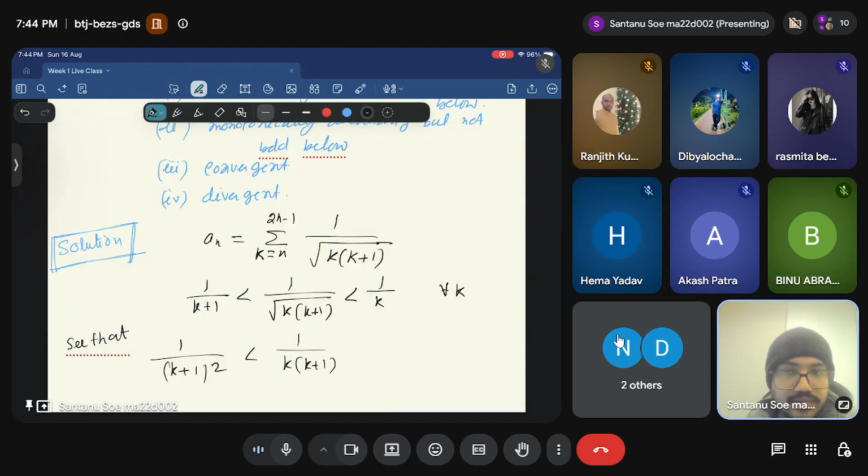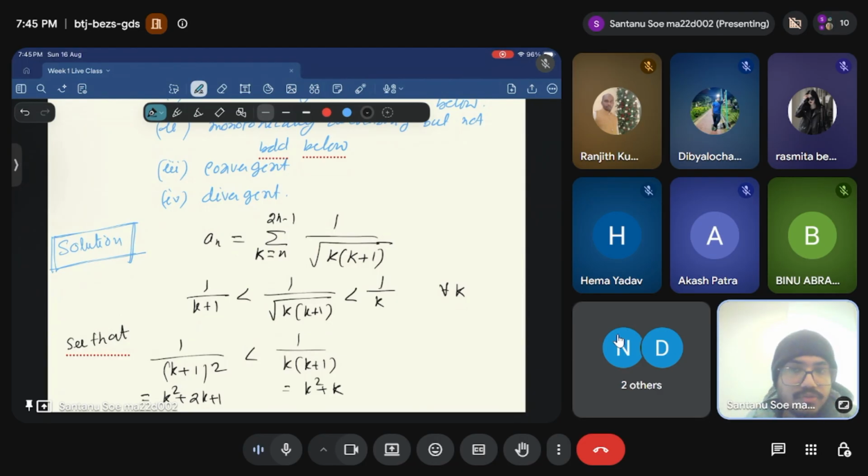On the left side, you can see that (k plus 1) square is k square plus 2k plus 1, and this is the same as k square plus k, correct? We all know that k square plus 2k plus 1 is strictly greater than k square plus k.